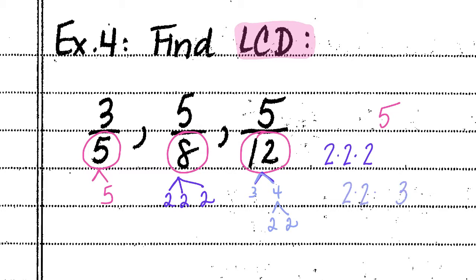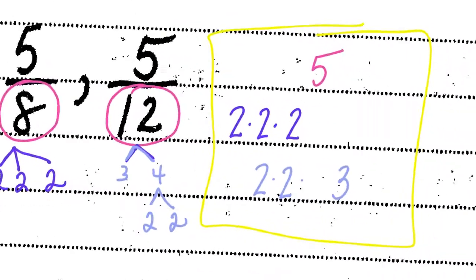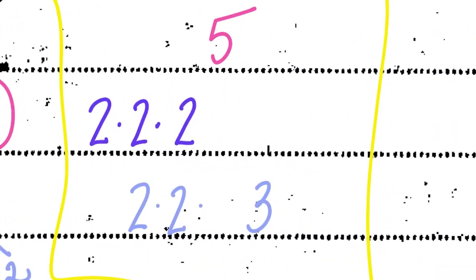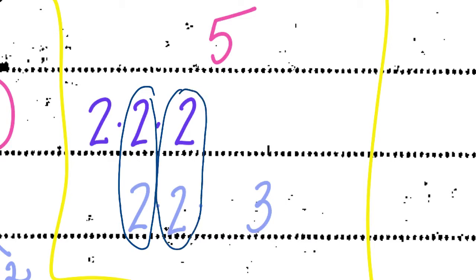Notice I'm lining it up all separately. So when I'm finding the least common denominator, I'm going to circle the things that are in common, because if something's in common, we're just going to use it once. And everything else I have to circle and use once as well.